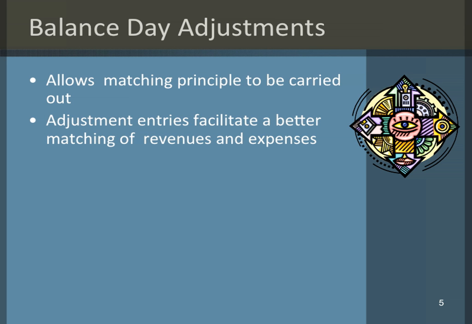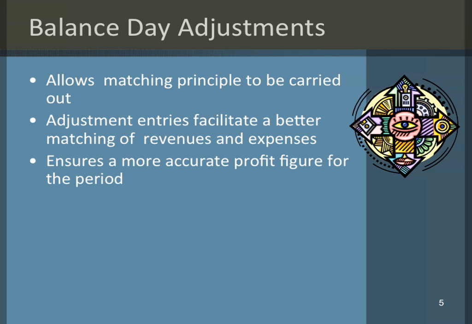What it's going to mean for you as a business owner or an accountant working for a business is that you're going to be able to record a more accurate figure for that business.